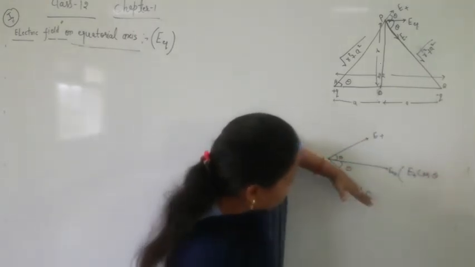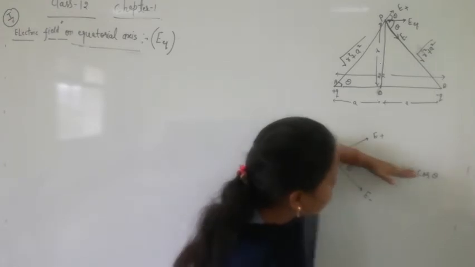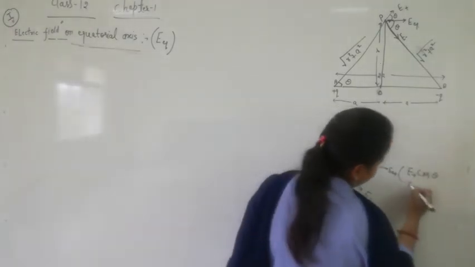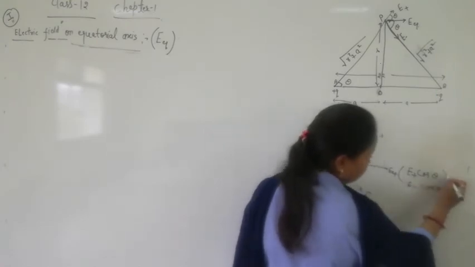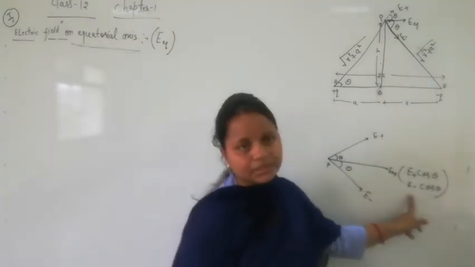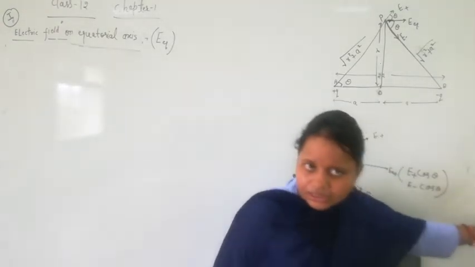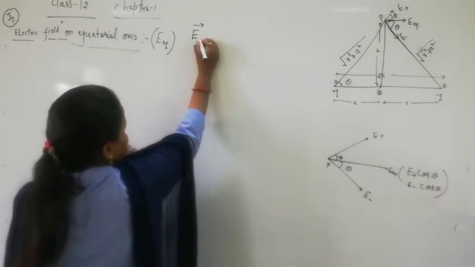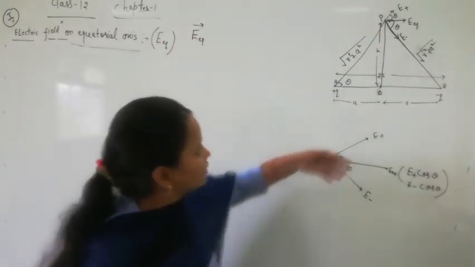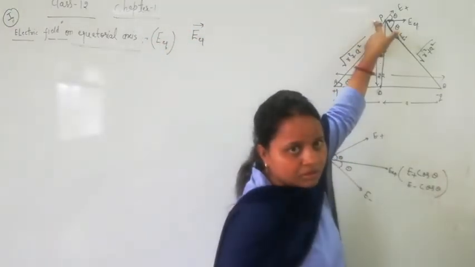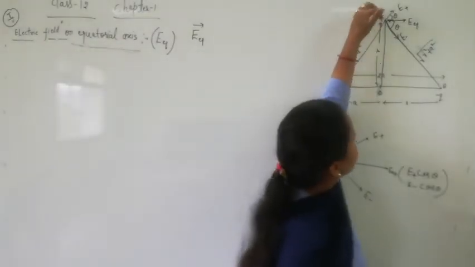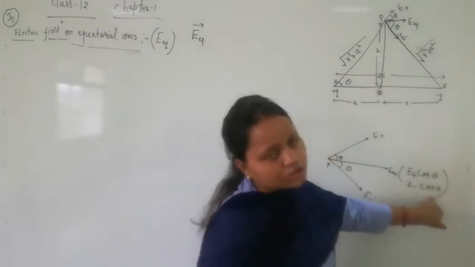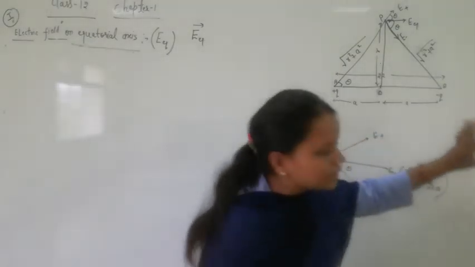And E minus also has a horizontal component, E minus cos theta. These two components are directed along the same direction. So the resultant electric field vector on the equatorial axis at point P is due to E plus and E minus having cos theta horizontal components directed along the same direction.